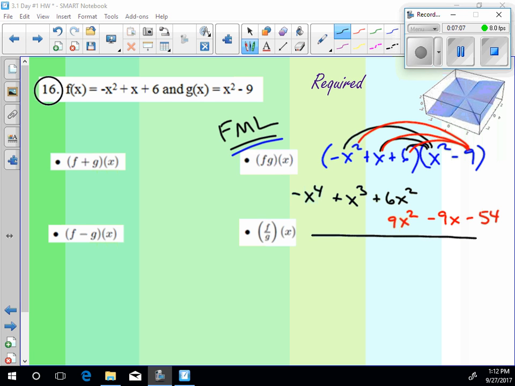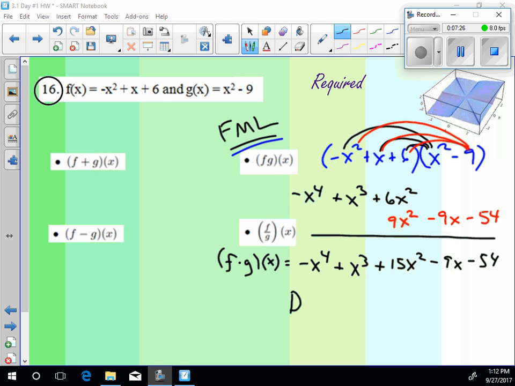Yep, that's my 9s. And then I just combine like terms, so I get negative x to the fourth plus x to the third plus 15x squared, minus 9x minus 54. And that is f times g of x.